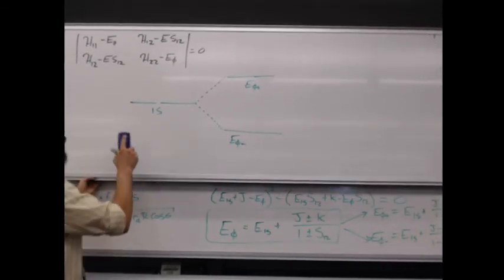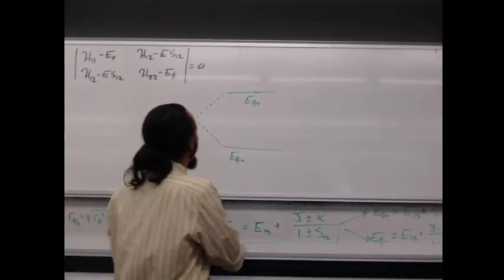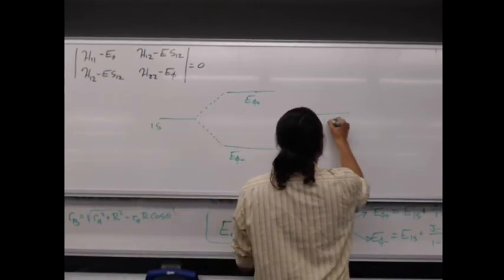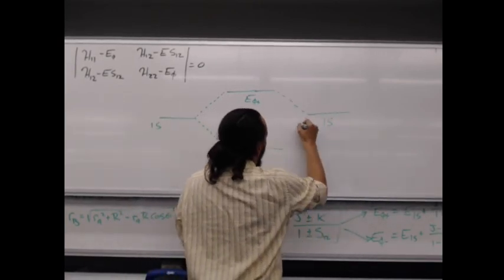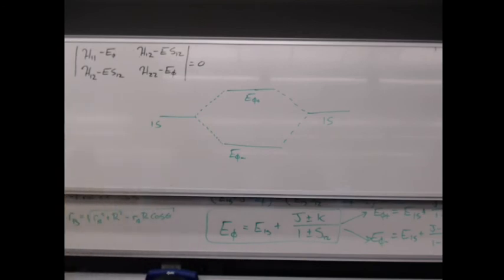In order to draw this picture, we often draw the 1s orbitals that we're combining on opposite sides. And we get some energetic picture that looks like that.